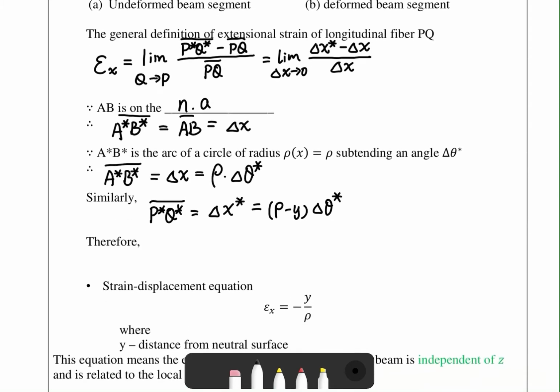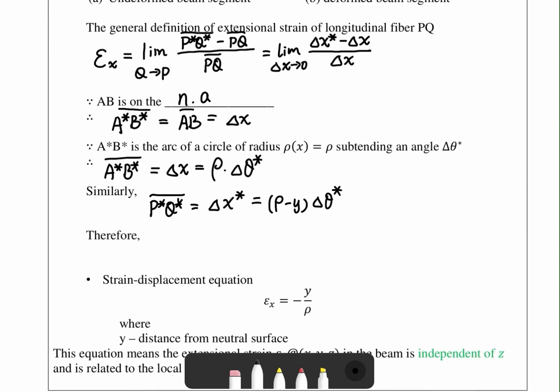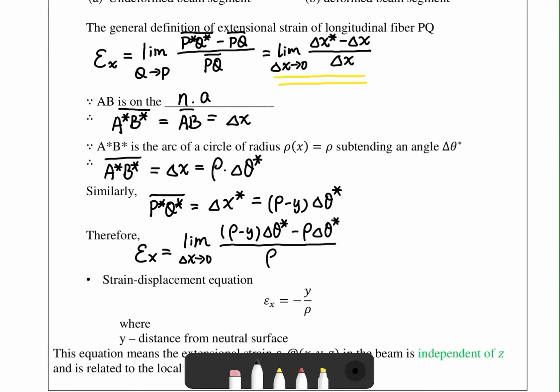So what we can do is try to go back to the epsilon x here. We already know we have to put everything into this equation, and we already found everything here. Rho minus y, delta angle, divided by the rho times the angle here.